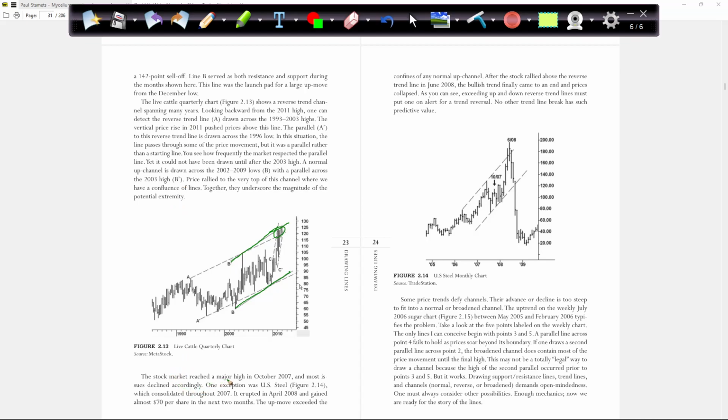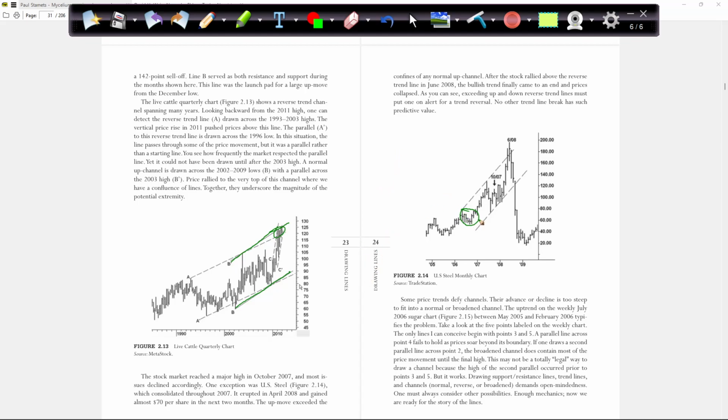The stock market reached a major high in October 2007 and most issues declined accordingly. One exception was US Steel, figure 2.14, which consolidated throughout 2007. It erupted in April 2008 and gained almost $70 per share in the next 2 months. Till 2007, it was basically consolidated.